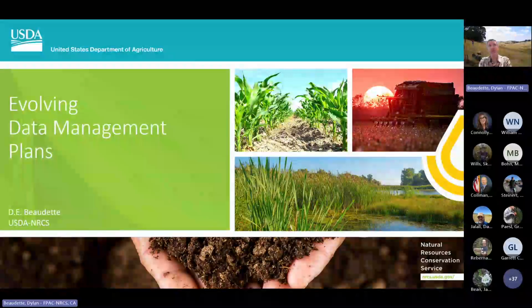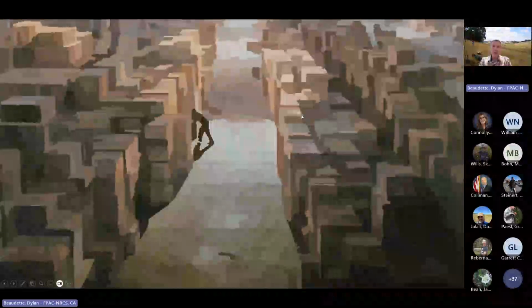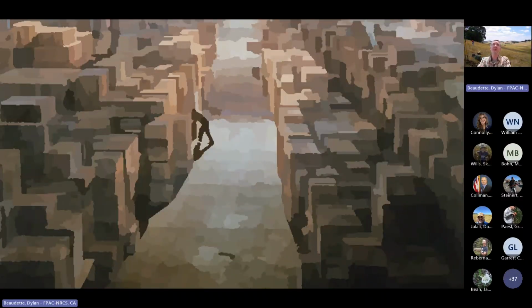So with existing cooperative agreements and new cooperative agreements, think about ways that the data management plan that we describe in that agreement evolves through time, and how, as Garrett suggested, we want to avoid the outcome that we face sometimes where all of this excellent work is done and it's hidden away behind websites that have links that no longer work, or stuffed into GitHub repositories that are hard to find.